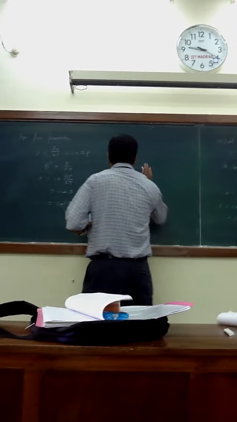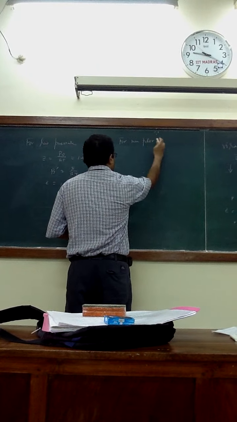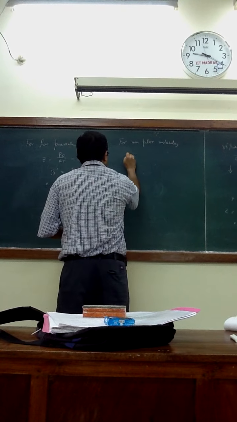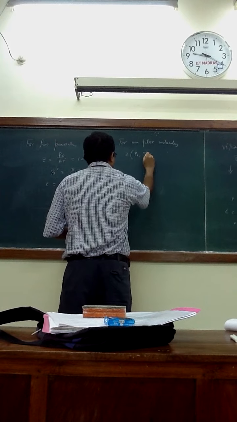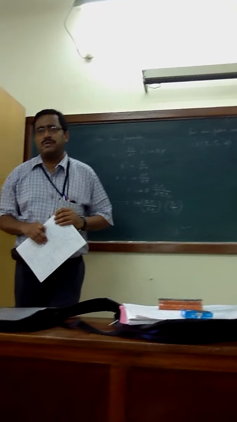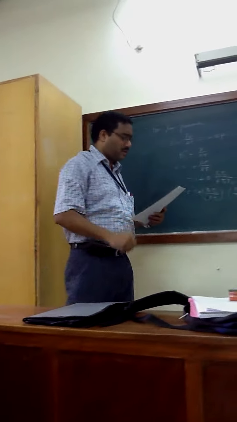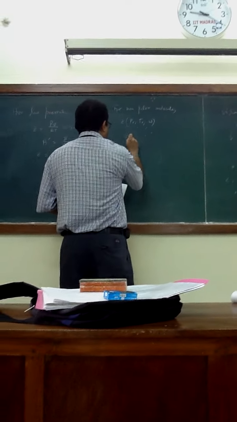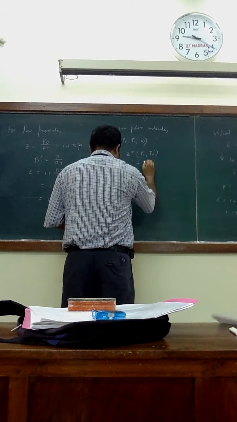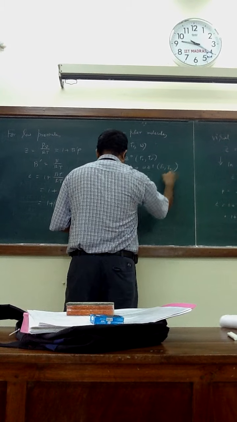So for non-polar molecules, Z is a function of TR, and a function of W also, which is the Pitzer acentric factor. It is written as Z0 of TR plus W Z1 of TR.